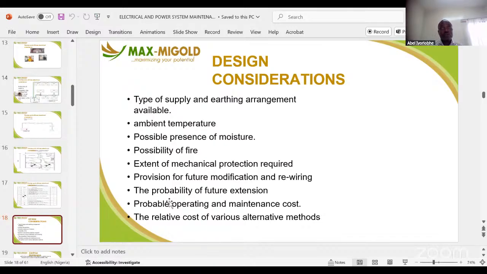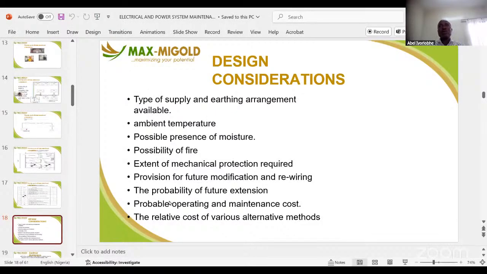Future expansion: if we choose to expand this building, will the size of generator or transformer I've recommended be enough to power this facility? If it's not going to be enough, it's your call. If it's going to be enough, it's good. That's why you need to get it right. So create an allowance of plus or minus some percent for future expansion. Is there any alternative, since people are migrating to solar?